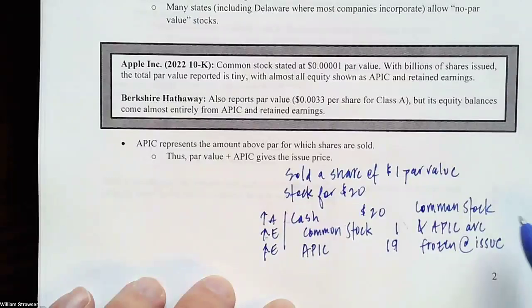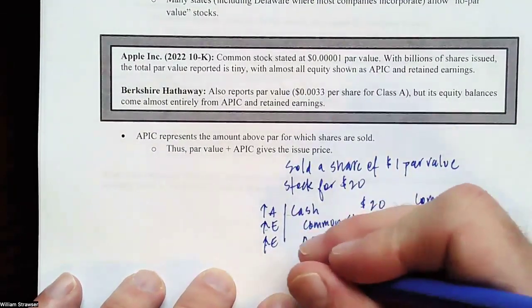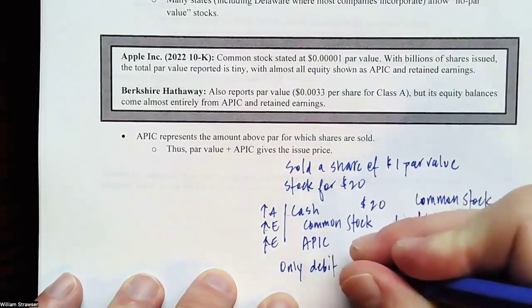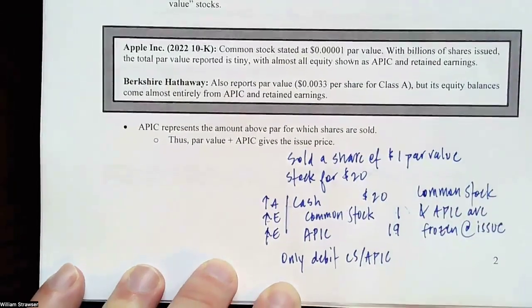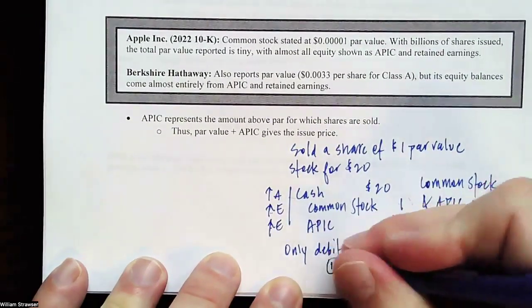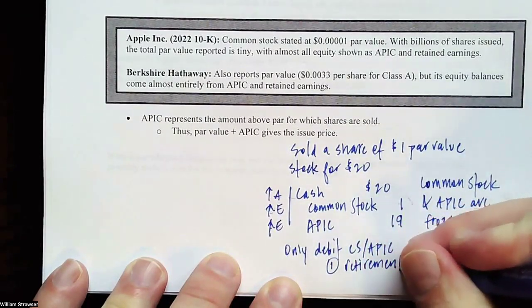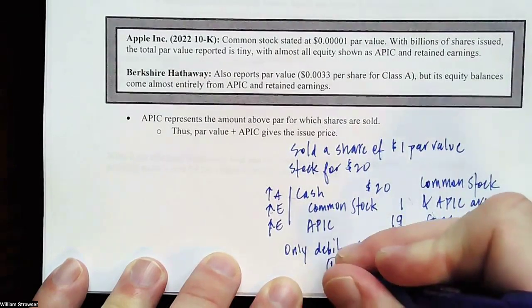The only thing that can remove common stock and APIC, the only thing that will debit CS and APIC, offhand, I can think of two things: stock retirement, or liquidating dividend.